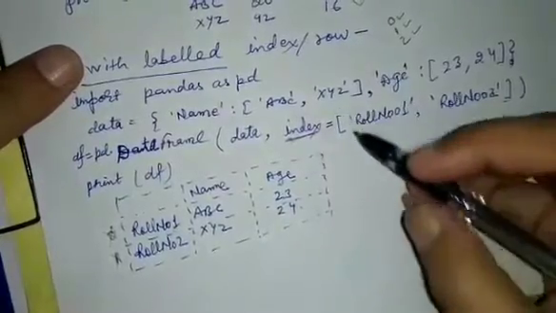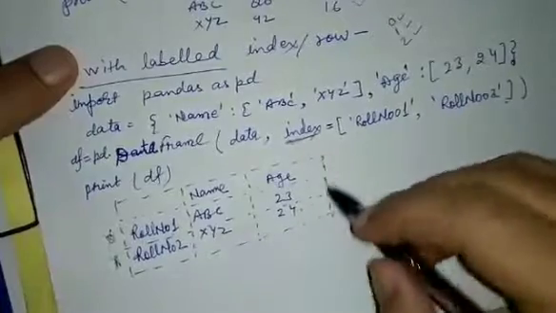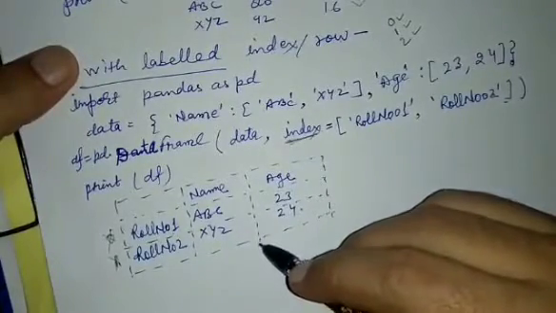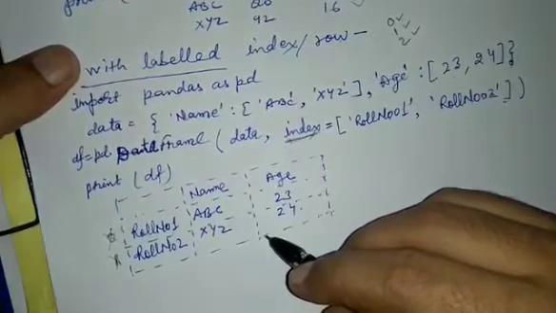So I think it is clear to you how to create a data frame using different objects of Python like list, dictionary, list of dictionaries and series.